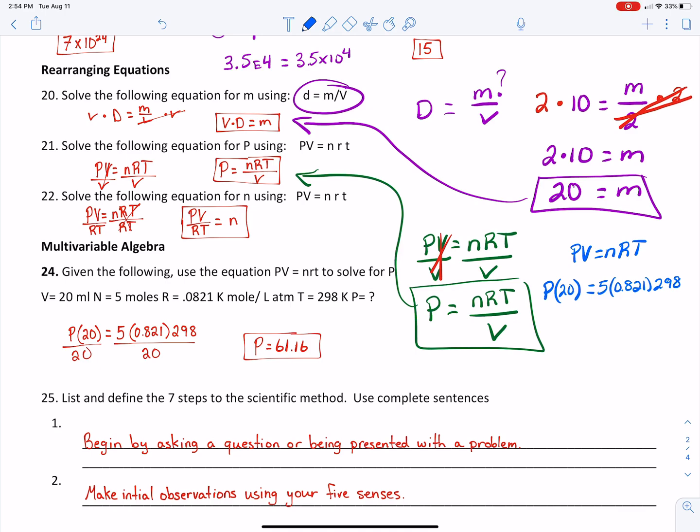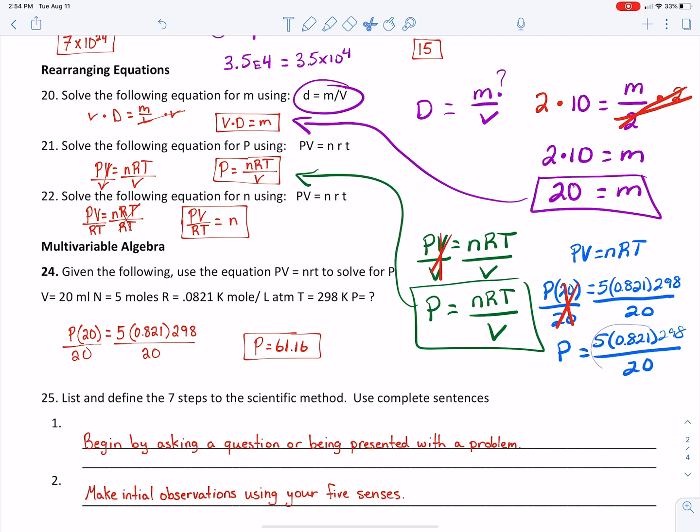So if I actually want to solve for what P is, let's do the same exact thing. Let me go ahead and divide by 20. When I do that, it cancels out. I'm left with P equals 5 times 0.821 times 298 all over 20.